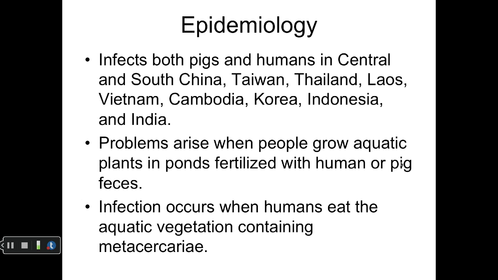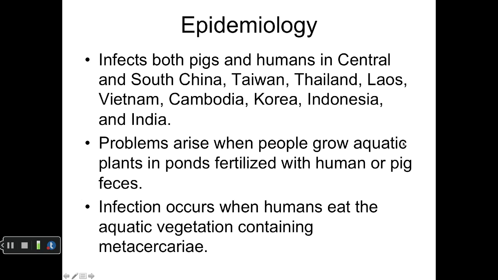Some epidemiological considerations. This parasite infects both pigs and humans, so pigs can also serve as definitive hosts. Pigs can harbor the worms in their intestine and therefore would represent a reservoir host for this infection.